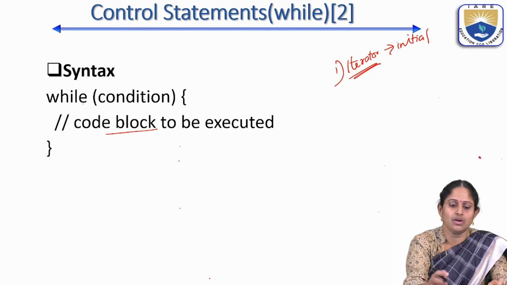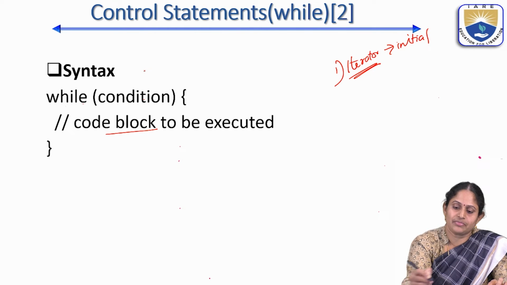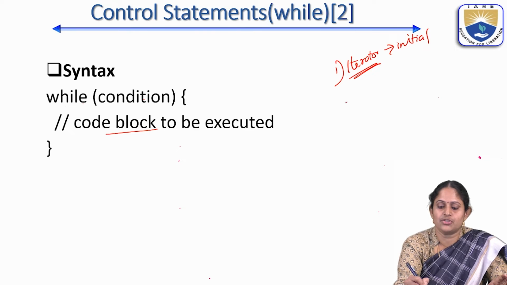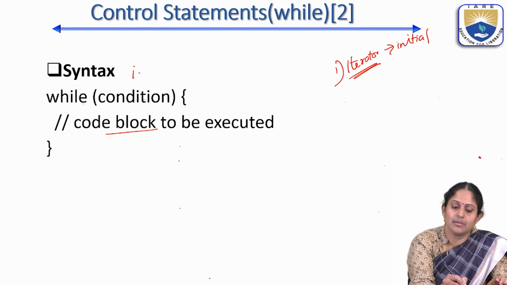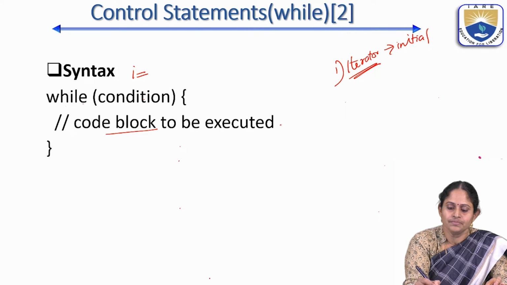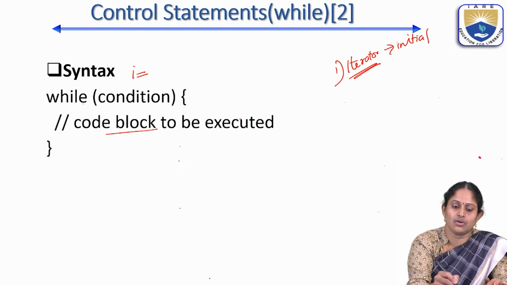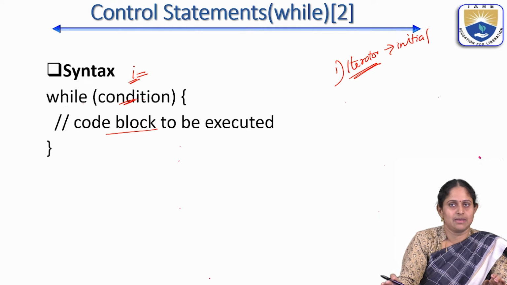Okay, so the iterator variable should always be initialized before use. It should be initialized, and there should be an increment or decrement operator on this iterator variable, so that the condition will fail at some point of time.